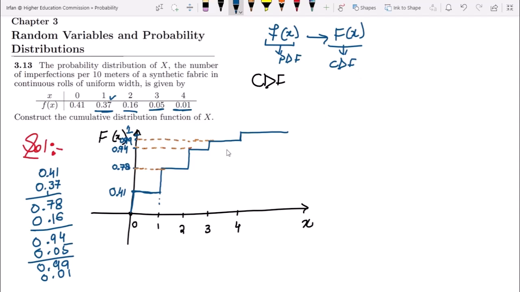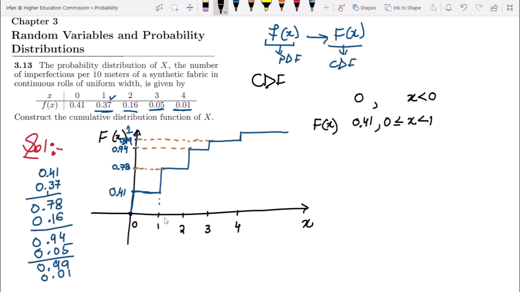So now in order to write it mathematically, let me write here the value of x, and here we have different values. The first value is 0, which is for all the values less than 0. Similarly we have 0.41, which is for x greater or equal to 0 and less than 1.